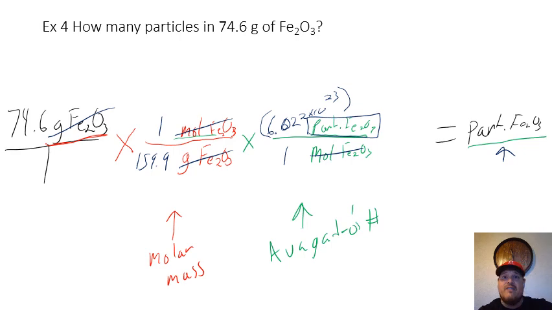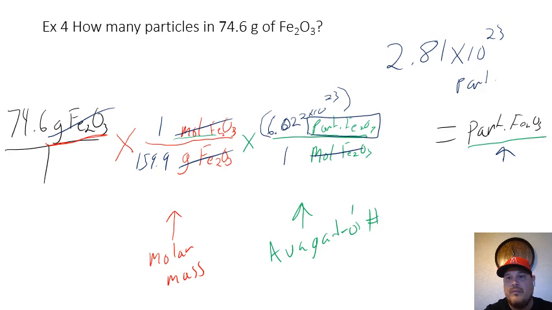So either put it at the very beginning of your sequence or wrap it in a parenthesis to make sure you get it right. So when I punch this in my calculator, I end up getting about 2.81 to 3 significant figures times 10 to the 23rd particles of iron oxide, just like that. Okay, so there's my answer.